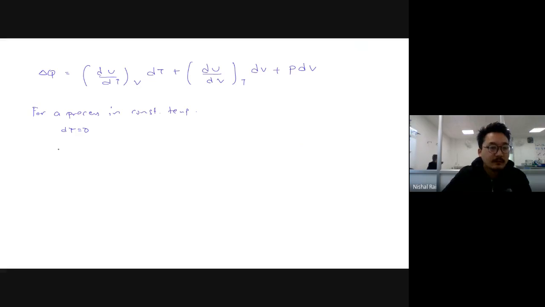So delta Q at constant temperature will be what? This has to vanish. This is 0. So you're left with dU by dV at constant temperature into dV at constant temperature, plus P into dV at constant temperature.